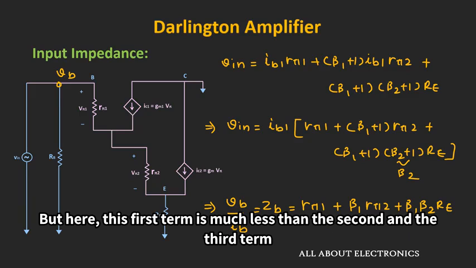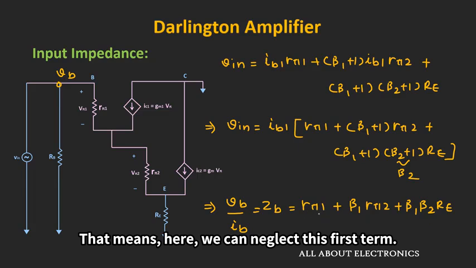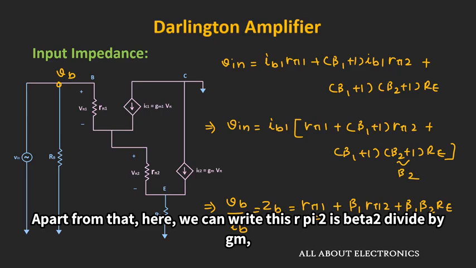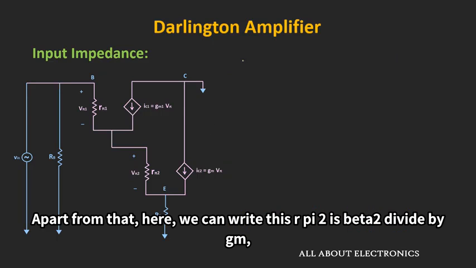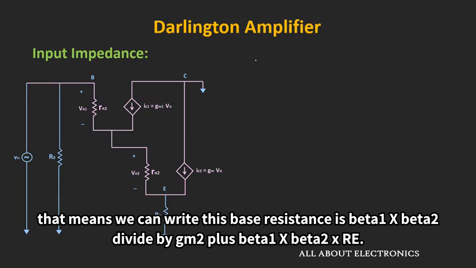So this will be the exact expression of the base resistance. But here this first term is much less than the second and the third term. That means here we can neglect this first term. Apart from that, here we can write this Rpi2 as beta 2 divided by Gm. That means we can write this base resistance as beta 1 times beta 2 divided by Gm2 plus beta 1 times beta 2 times Re.